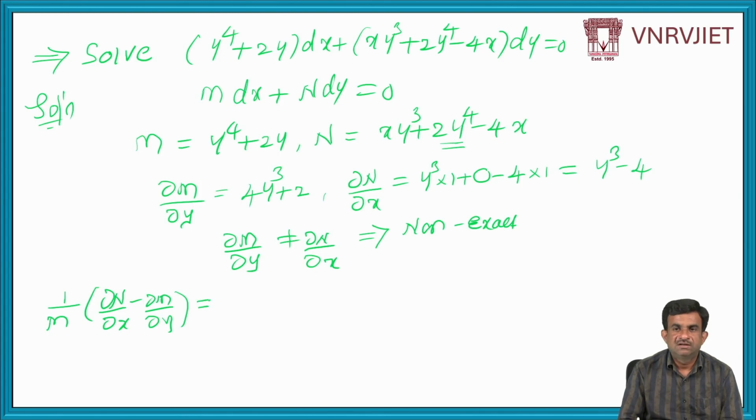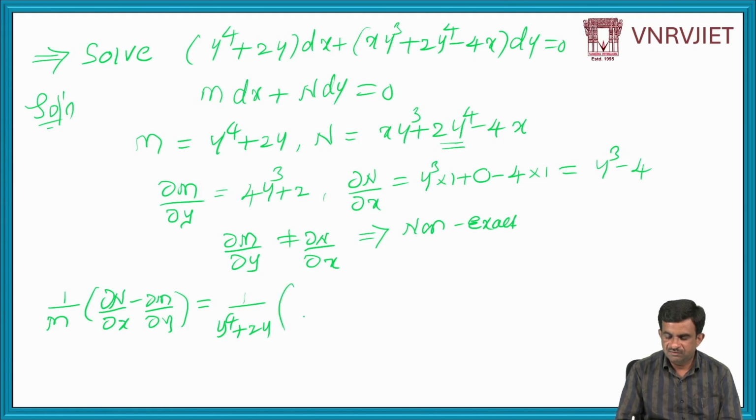Let us check this. 1/M, what is M here? So M here is y⁴ + 2y, so 1/(y⁴ + 2y). The difference between ∂N/∂x and ∂M/∂y here: ∂M/∂y is 4y³ + 2, and ∂N/∂x is y³ − 4. Let us write this as (y³ − 4 − 4y³ − 2).